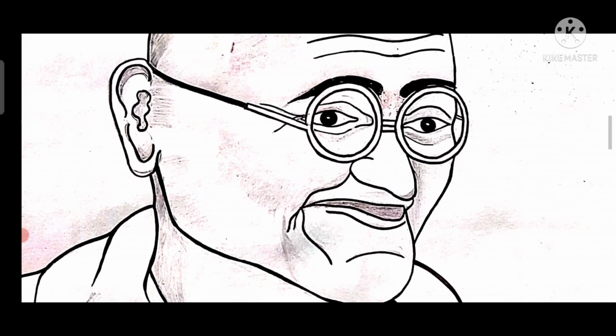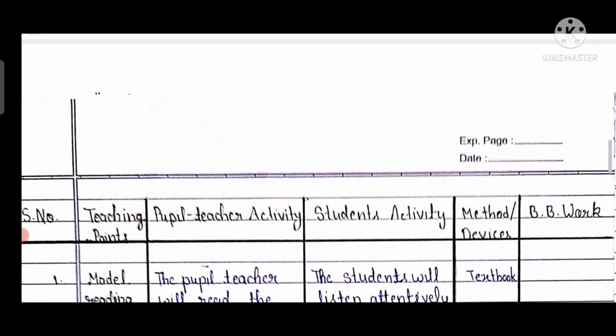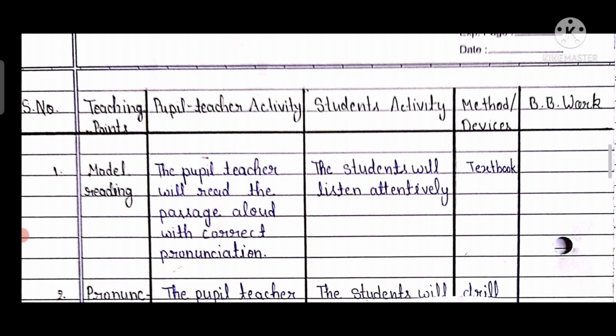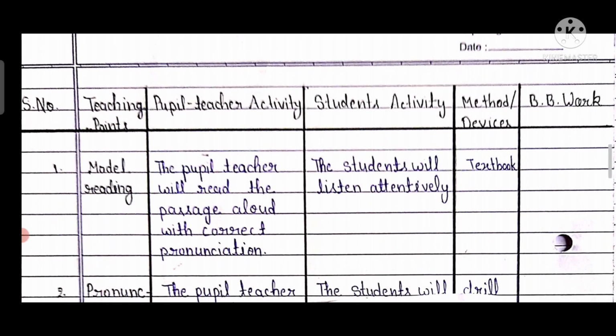Then the next step is presentation. We will start the presentation. Here the presentation is divided into 5 columns: teaching point, pupil-teacher activity, student activity, device and method or techniques, and blackboard work.